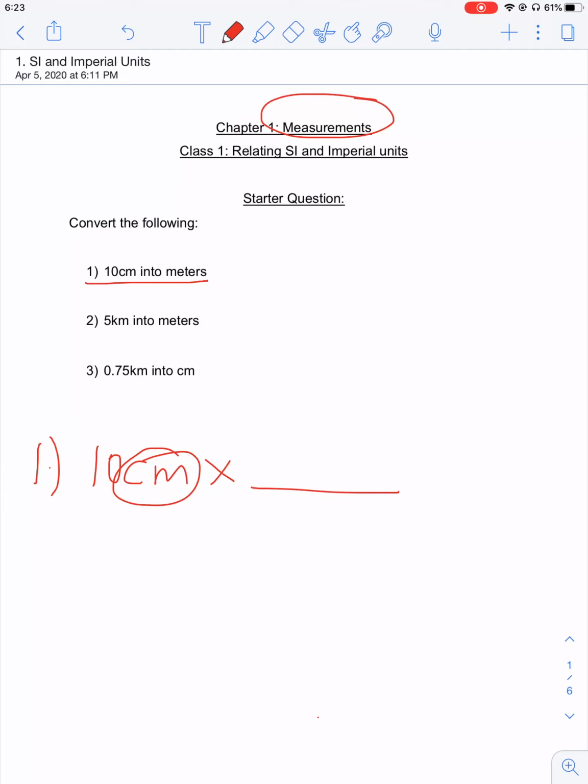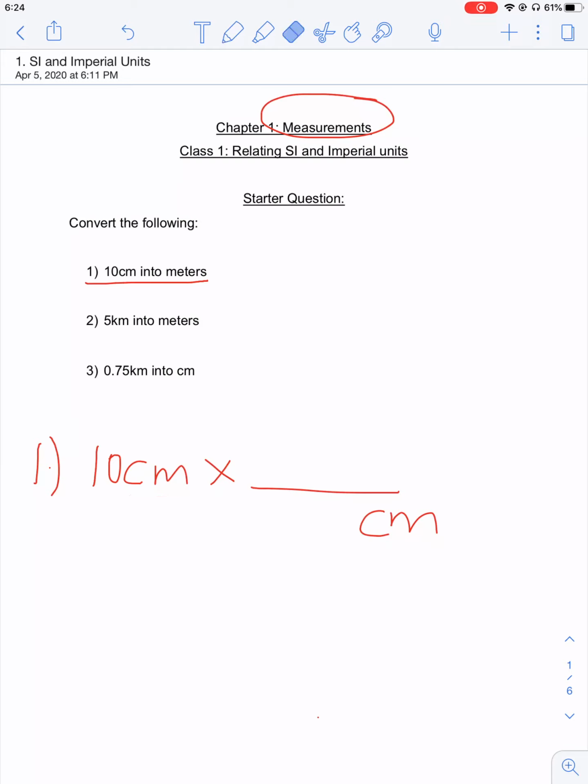So what I'm gonna do is I'm gonna have to put the centimeter unit at the bottom over here, right? Because the centimeter and the centimeter will cancel out. Okay, so that's how you do it. So whatever you have on top that you want to get rid of, you have to put the same thing at the bottom so that they cancel out. Okay, so I need to have centimeters at the bottom over here.